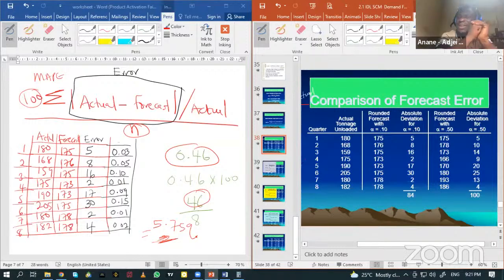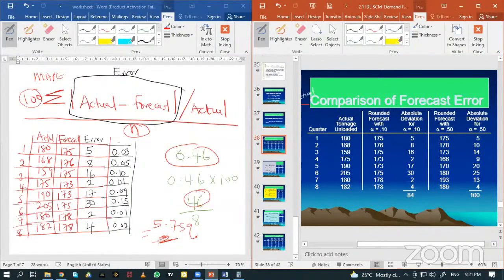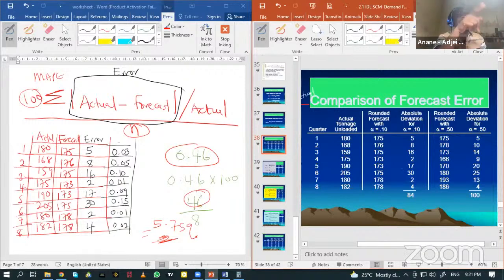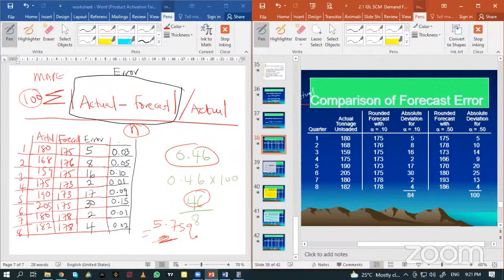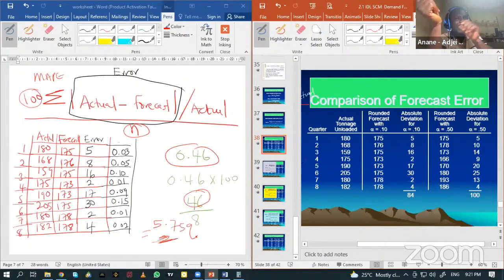Pascal, your line begins to drop. Somebody says Pascal should find a tree and climb.